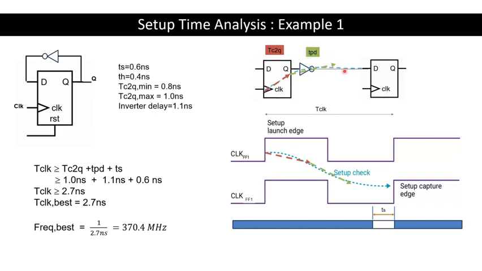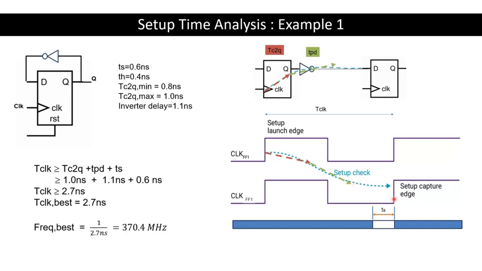In the timing waveform, you can draw two clock signals: one is the launching clock and the other is the capturing clock. Since in this simple circuit the launching clock and the capturing clock are the same, we label them the same, and we still draw two so that you can see that the launch happens here, which involves the delay of the T clock to Q and the delay of the inverter, and the capture edge is here.